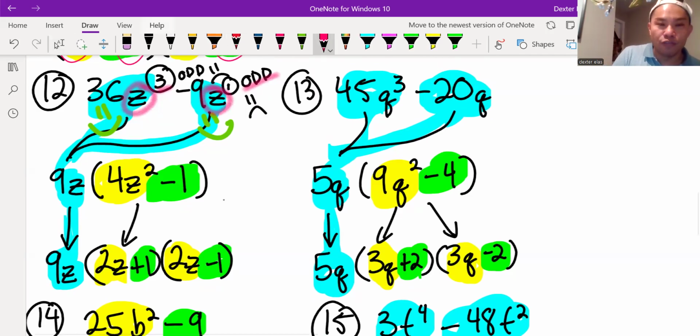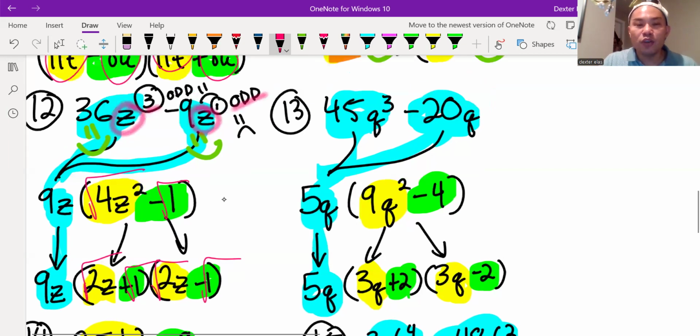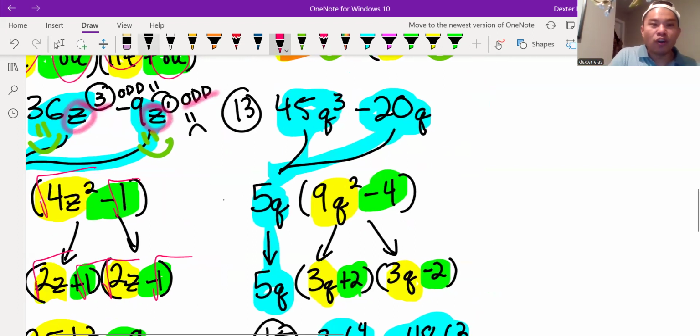This is the straightforward route, where I just pulled out a 9z, leaving me with 4z squared minus 1. And that is the difference of two squares, because 4z squared turns into 2z, and the square root of 1 turns into just 1. But let's pretend you're frustrated with this, and we have an alternate way.